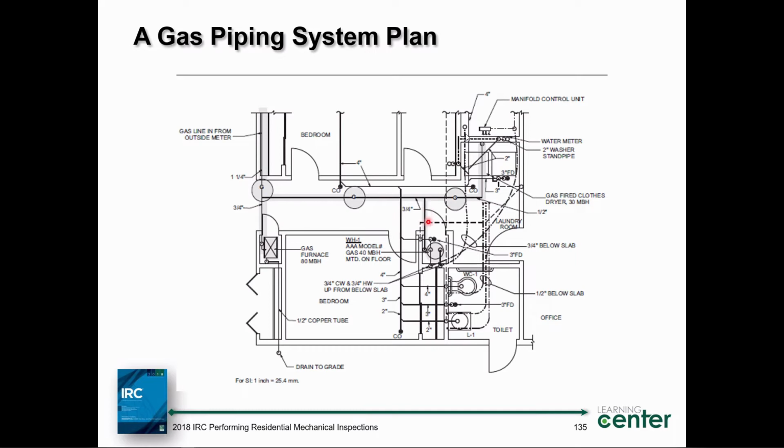I drop down to the water heater, ladies and gentlemen. The capacity of the water heater is 40,000 BTUs per hour. We continue down the gas main run, goes all the way over, hits the wall and drops down the wall and supplies a gas dryer at 30,000 BTUs per hour.